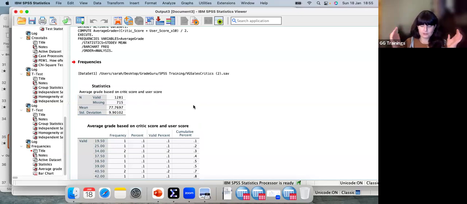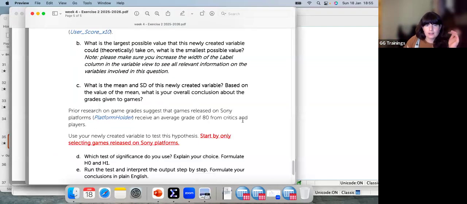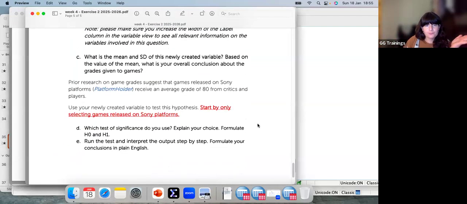Based on the rules of standard deviation, that means that 68% of the scores are between 68 and 86. So that tells you even more that these games are scoring quite high on average. But that's as complicated as you need to make it. You can't get more out of it than that.